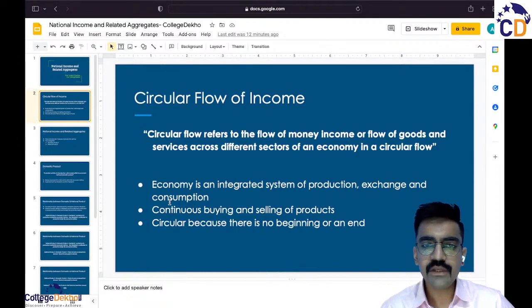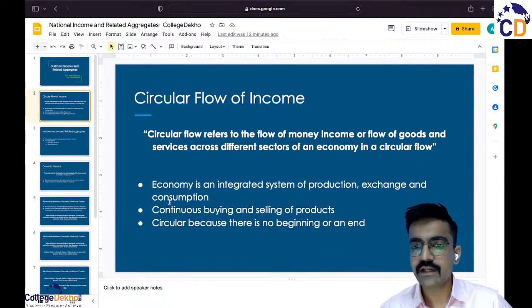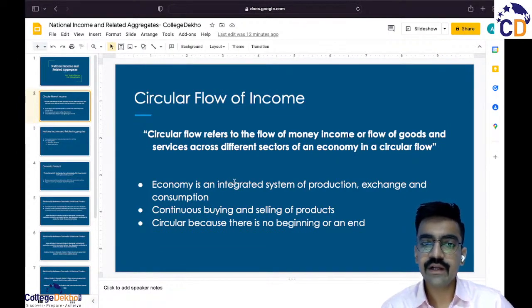That is, economy is an integrated system of production, exchange, and consumption, right? So, integrated means that all these three different factors, the production, the exchange, and consumption, are included in the circular flow of income.